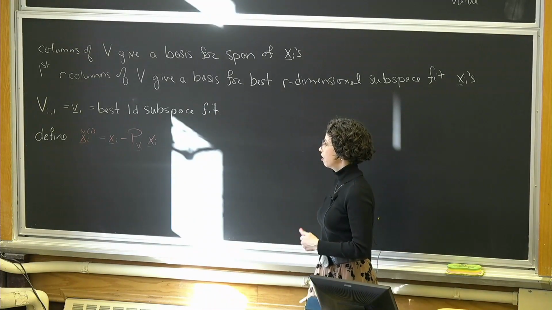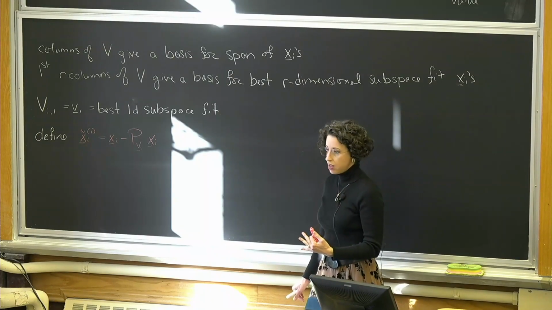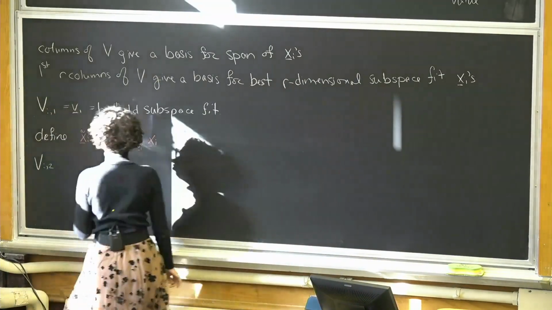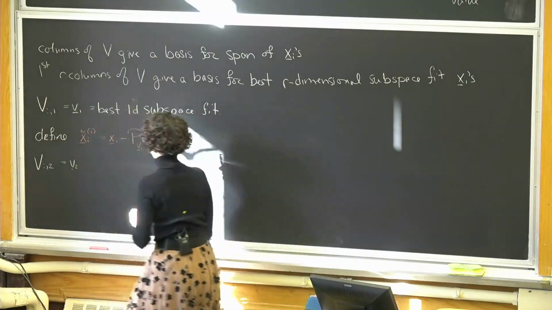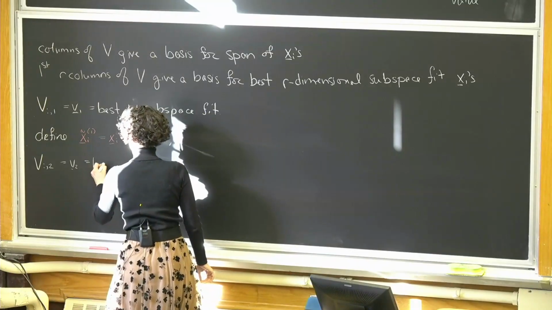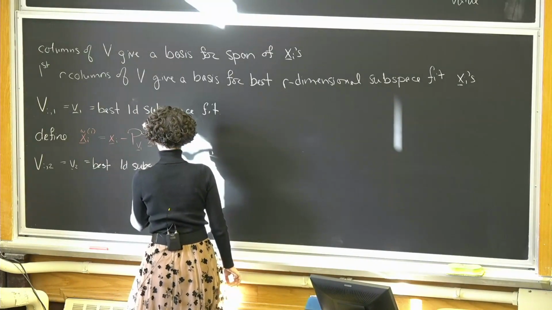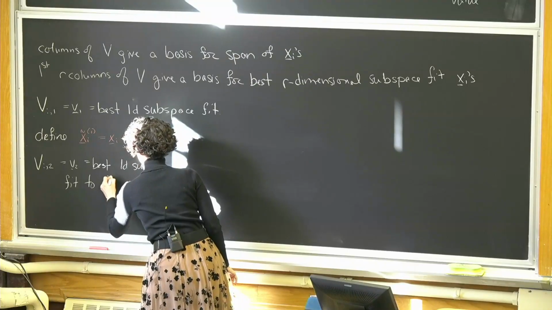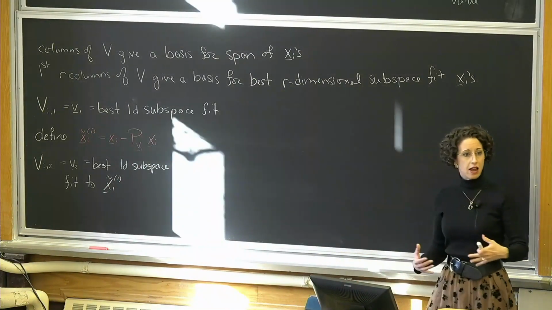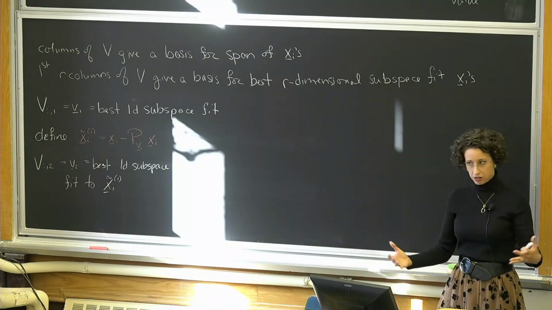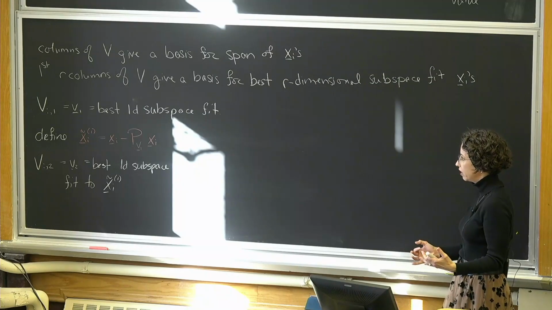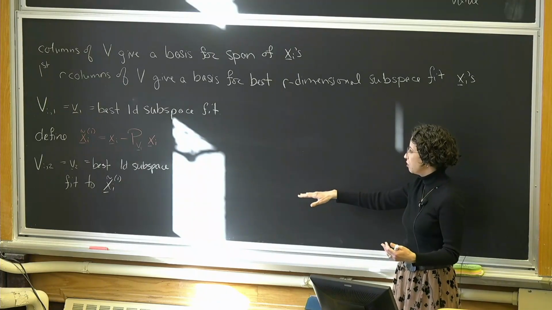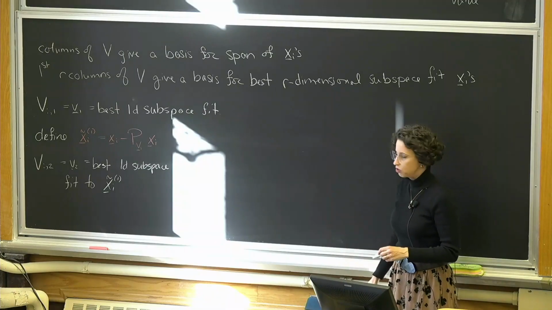So what I'm looking at here are these residual vectors. Then the second column of this V matrix, which we might also write as V2, is going to be the best 1D subspace fit to all of these xi tildes. We're just taking the basic idea we learned last time, finding the best 1D subspace fit to a bunch of points, and recursing. We find the best 1D subspace fit, calculate the residuals, compute the best 1D subspace fit to that, and then repeat.